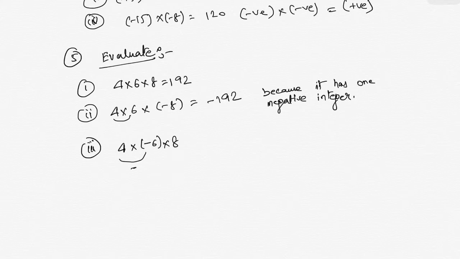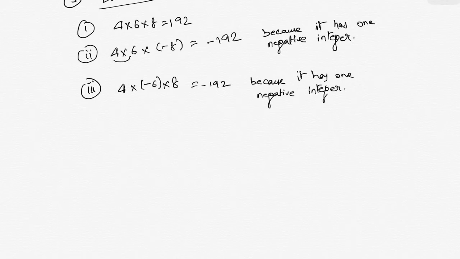Okay, so this is also minus 192, because it has one negative integer. Now let's see the fourth one.